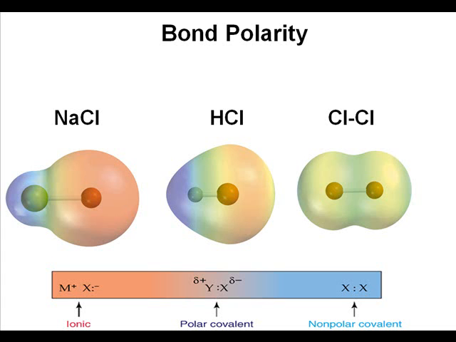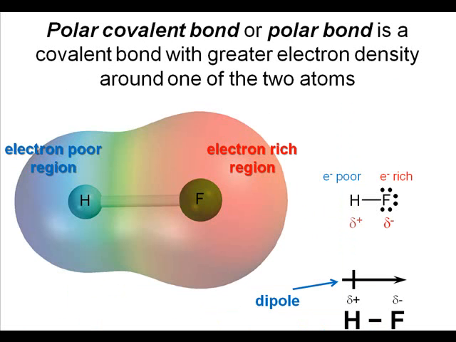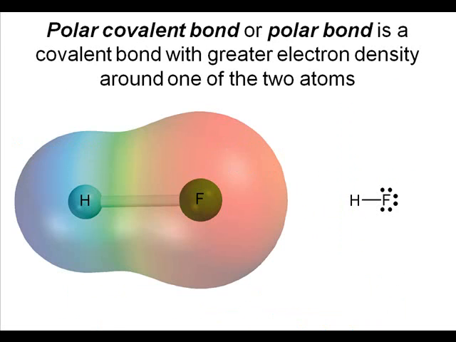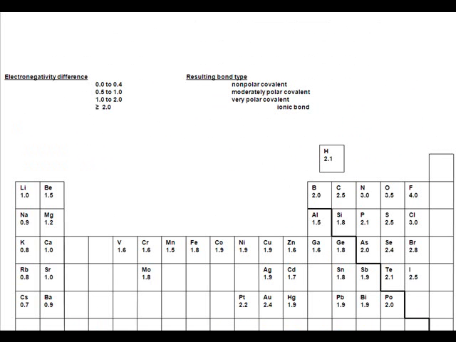When you look at the bond between hydrogen and chlorine, let's look up that value. So we're going to look up hydrogen and chlorine. Take a look at hydrogen. Hydrogen has an electronegativity of 2.1.